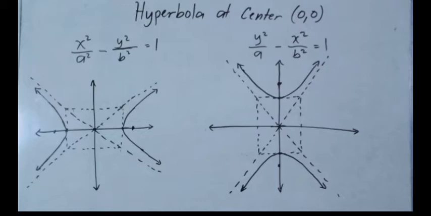But if the equation is y squared over a squared minus x squared over b squared is equal to 1, then our hyperbola is vertical.